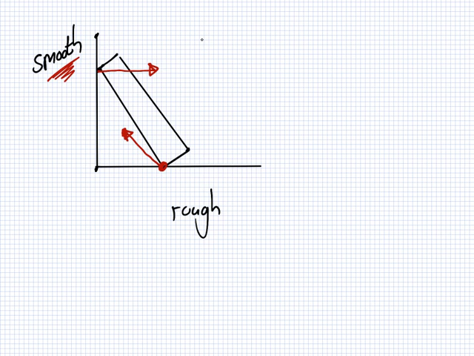And there's one more force here, the weight of the ladder. So the three forces are: there's a weight here, there's a reaction here, and there's a reaction out here.